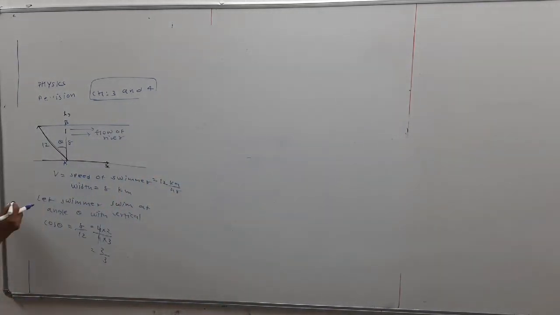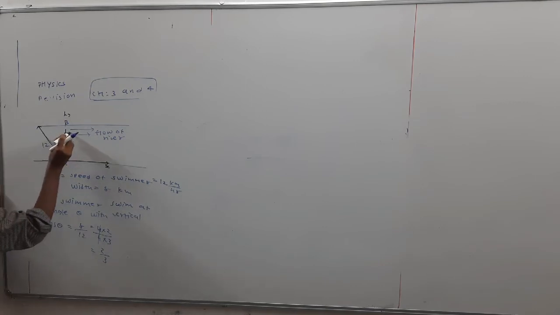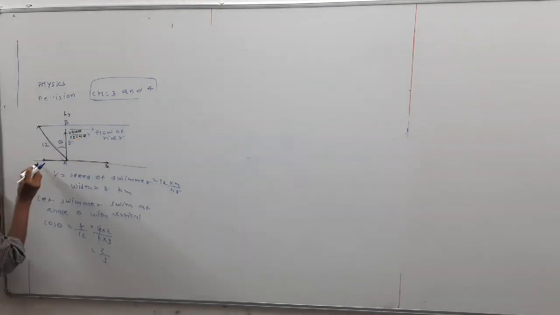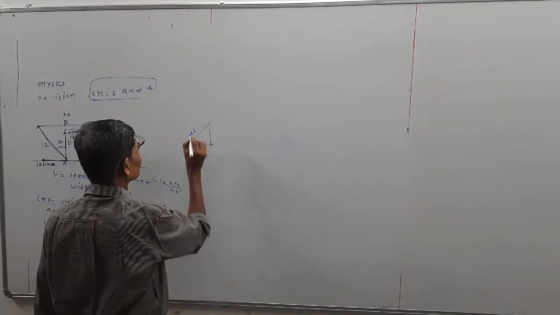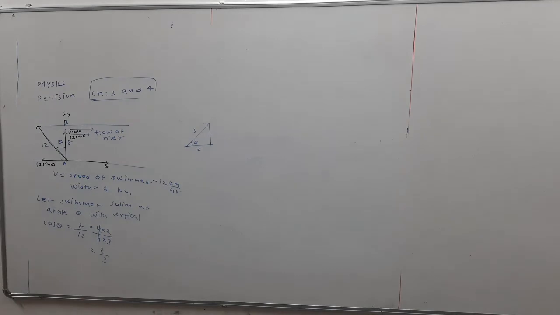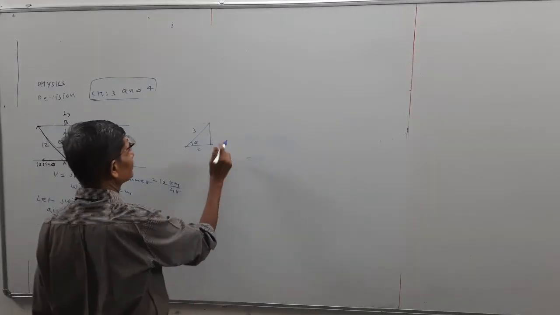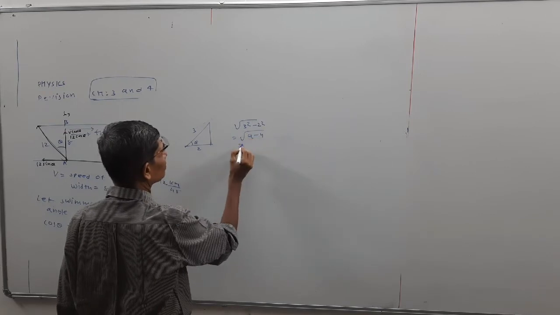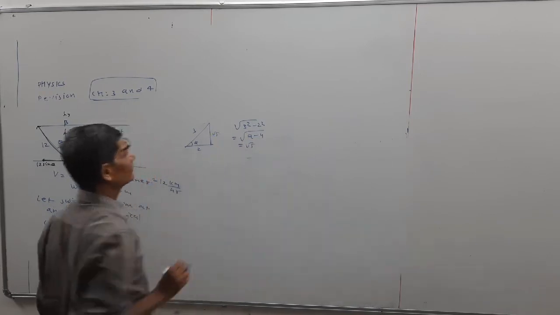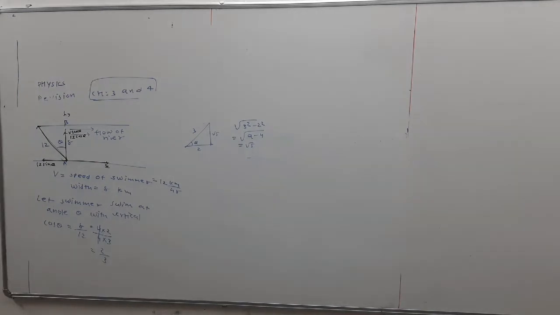This will be v cos theta, 12 cos theta, and this will be 12 sin theta, by the definition of component of a vector. Our cos theta is 2 by 3, so this side will be root of 3 square minus 2 square, 9 minus 4, root 5.